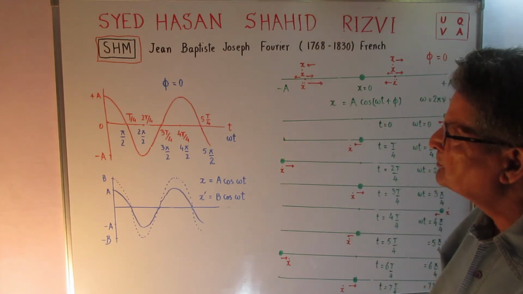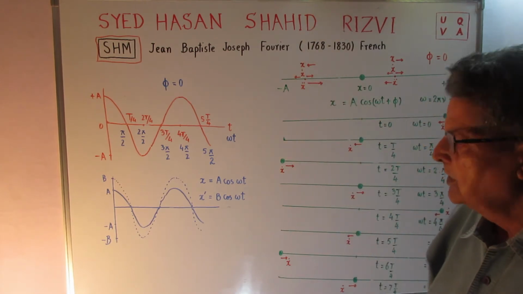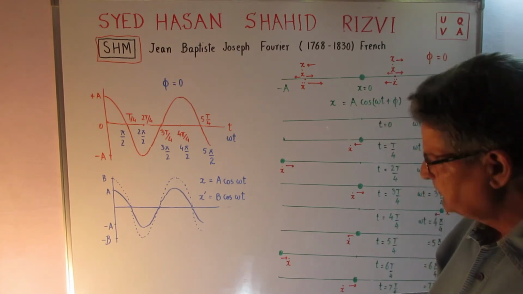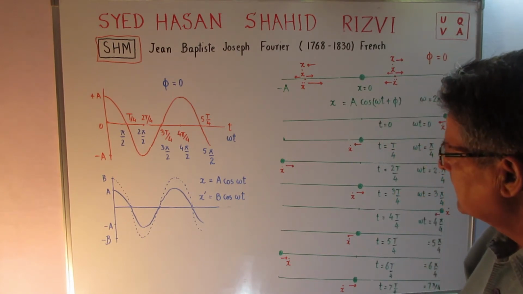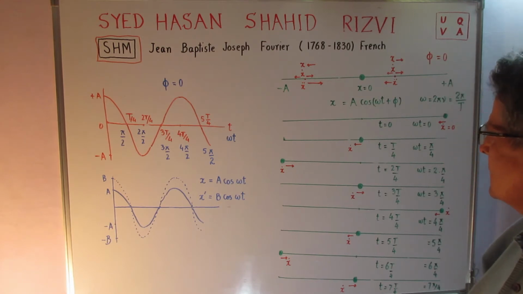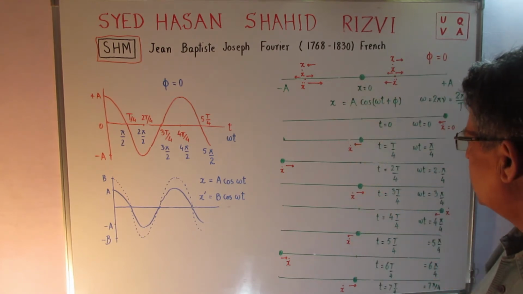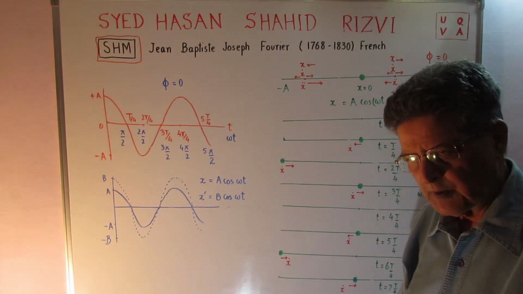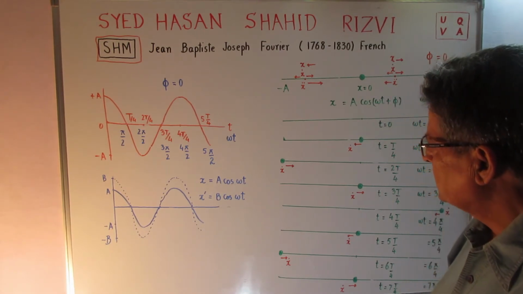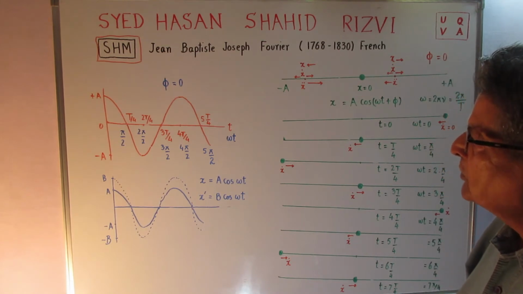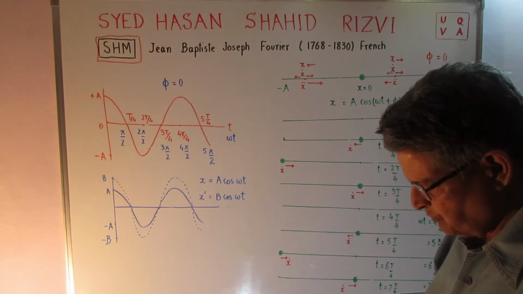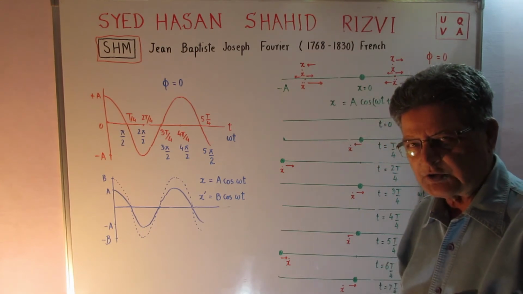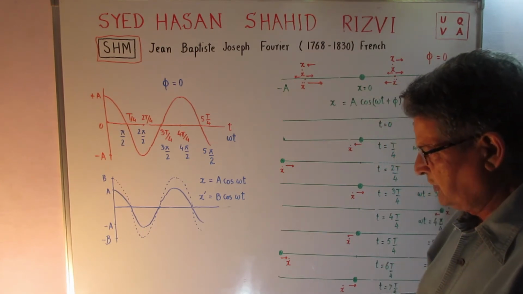as I told you, in simple harmonic motion we have a solution for the displacement as a cos of omega t plus minus phi, a sine of omega t plus minus phi, any kind of thing. And now I am going to bring in the very basic definition of simple harmonic motion as it is introduced to kids.